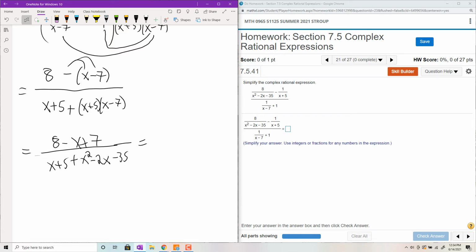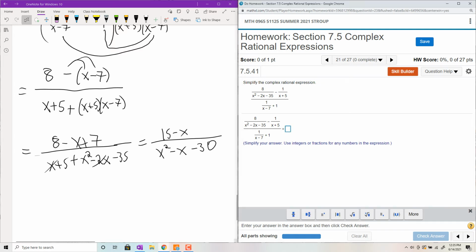So I have 7 plus 8 is 15 minus x all over this x squared, negative 2x plus x is minus x, and then minus 35 plus 5 is minus 30. And then I don't think I can get any nice cancellations to pop out. Okay, so I'm just going to write that in for my answer. Fraction 15 minus x over x squared minus x minus 30.